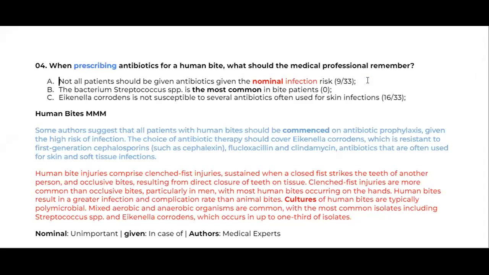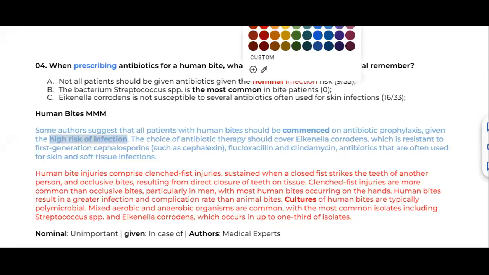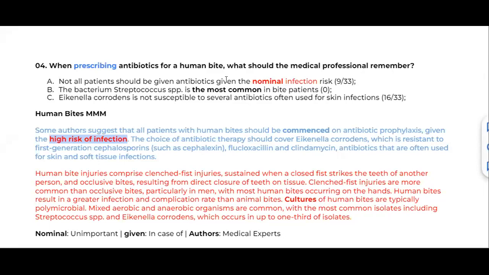If you have understood that, nominal infection simply means it is just the opposite of high risk infection. Nominal infection and high risk infections are just the opposite. Therefore, we cannot accept that. This A says not all patients should be given antibiotics given the nominal infection risk.